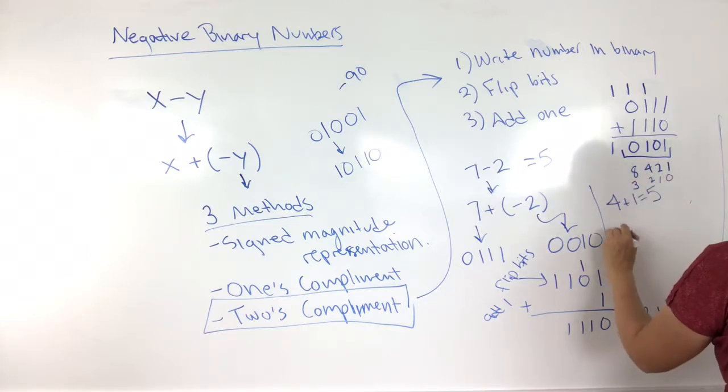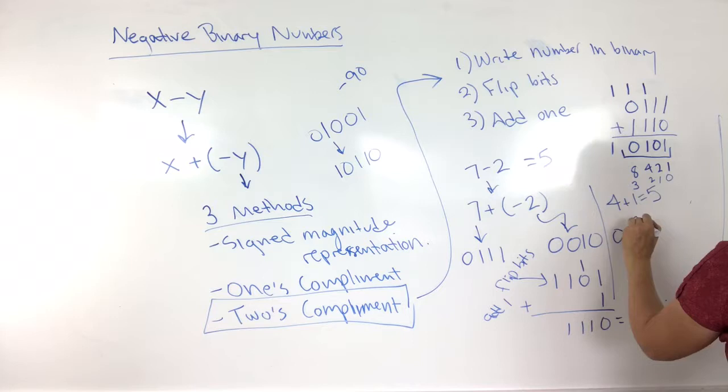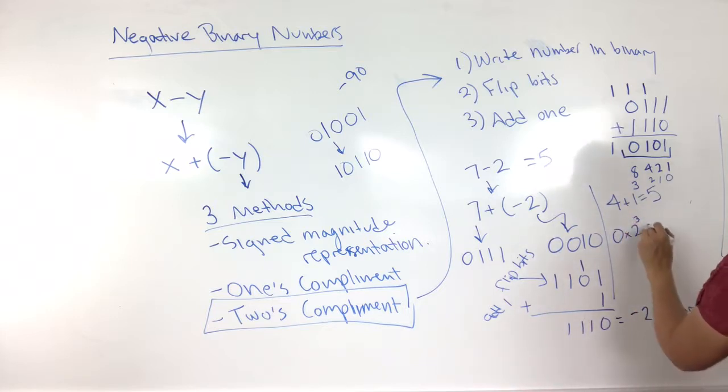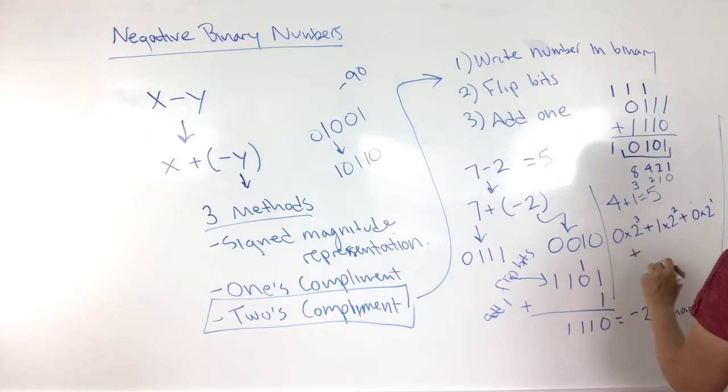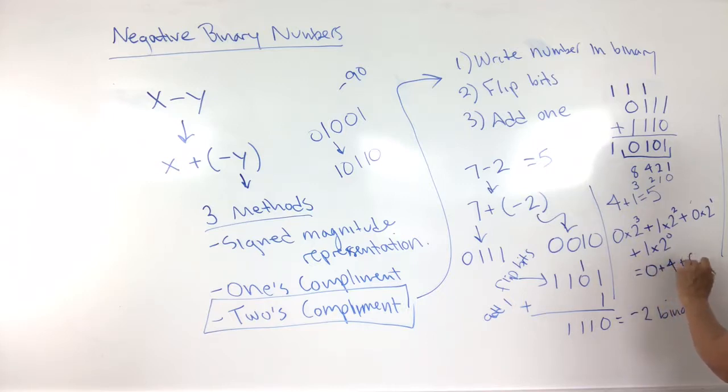So we have 0 times 2 cubed plus, and then we have a 1 here, so 1 times 2 squared plus, and then we have a 0 here, so 0 times 2 to the 1 plus, and then we have a 1 here, so 1 times 2 to the 0. So then this is equal to 0 plus 4 plus 0 plus 1, so that's equal to 5.